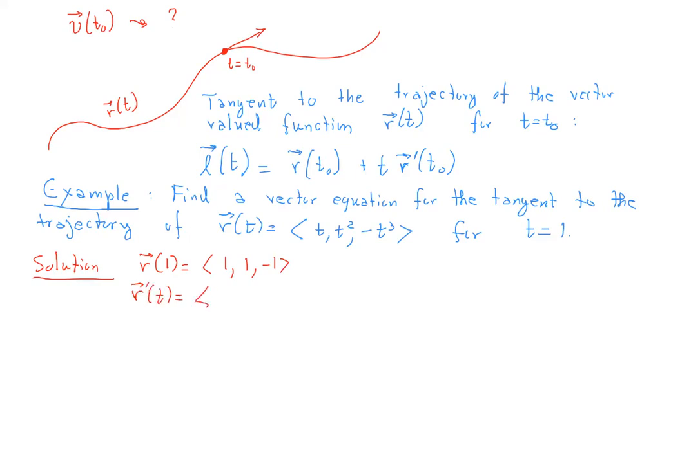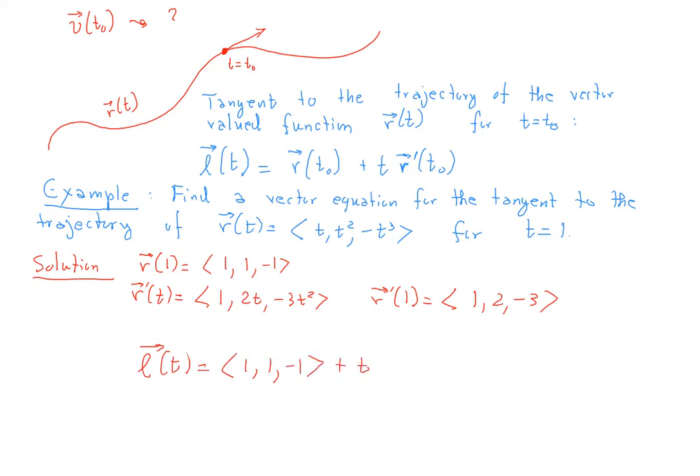It's going to be (1, 2t, negative 3t squared), which means that r prime of 1 is going to be (1, 2, negative 3). Now we have the two vectors that we need for our equation. So the tangent is going to be (1, 1, negative 1) plus t times (1, 2, negative 3).